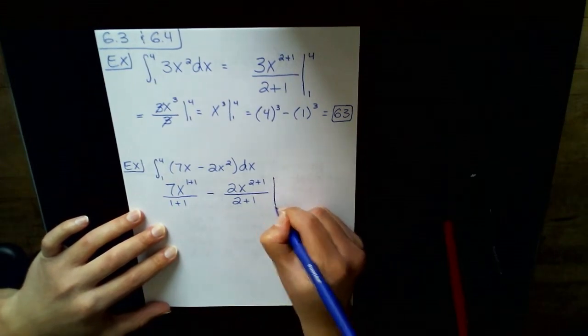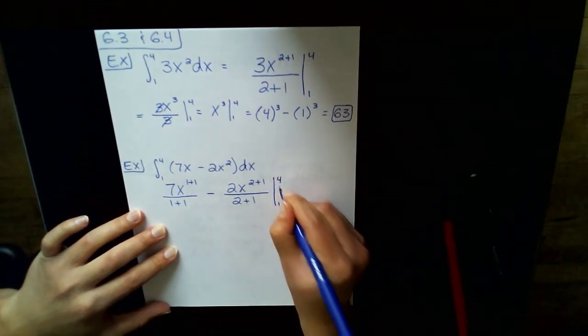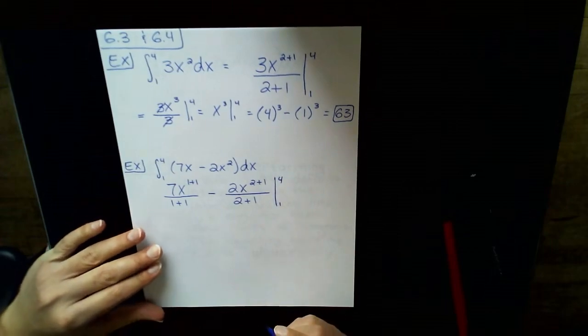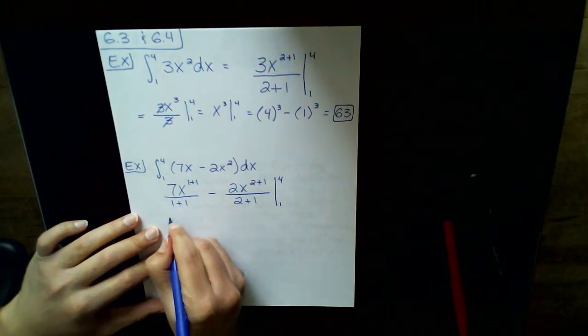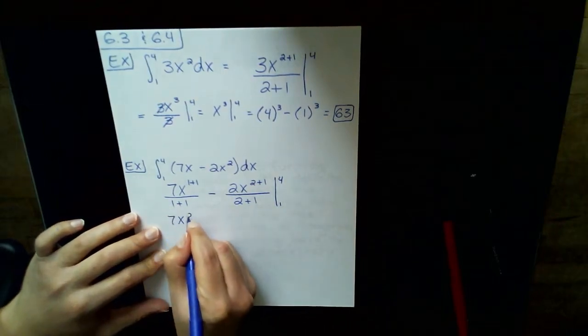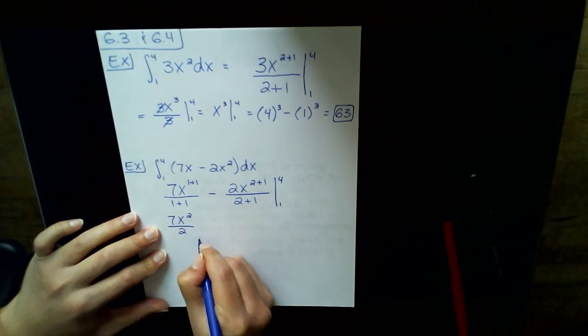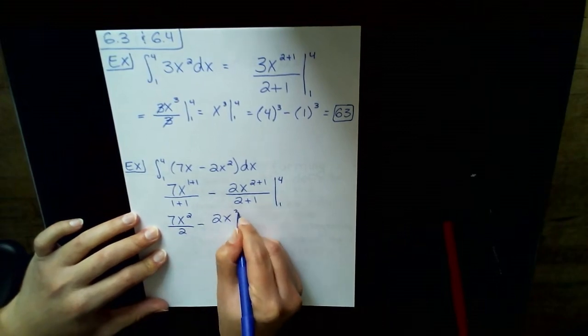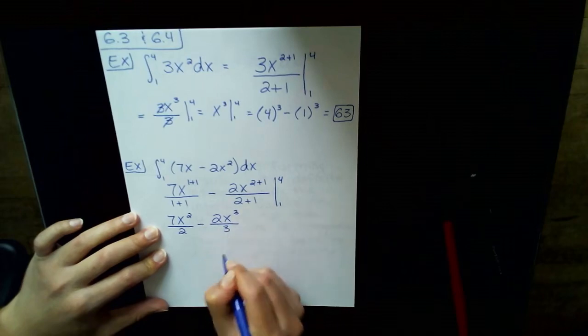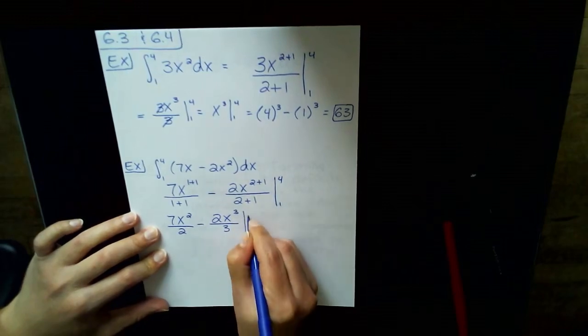And all of this will be from 1 to 4. So we're going to simplify first. That gives us 7x squared over 2 minus 2x to the third over 3 from 1 to 4.